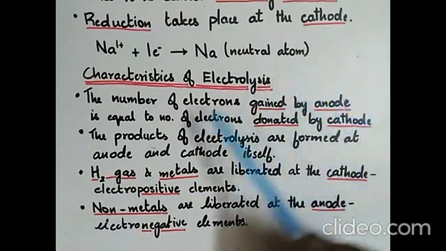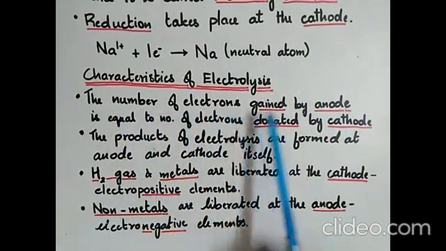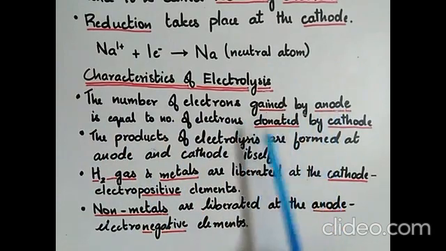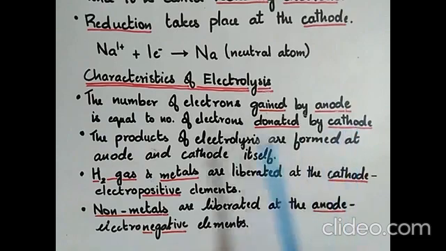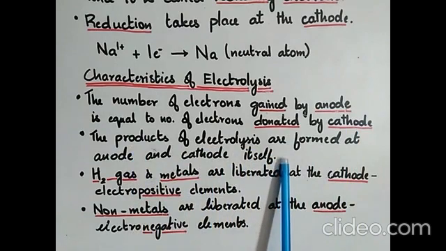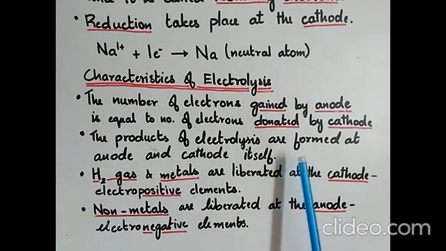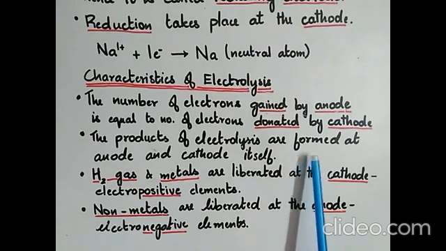Let's study the characteristics of electrolysis. The number of electrons gained by the anode is equal to the number of electrons donated by the cathode. The products of electrolysis are formed at the anode and cathode itself. That is, when dissociation takes place of a chemical compound, it dissociates into positive and negative ions and then gets converted to neutral atoms.